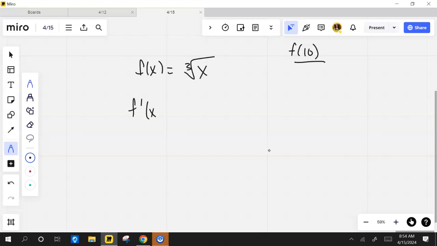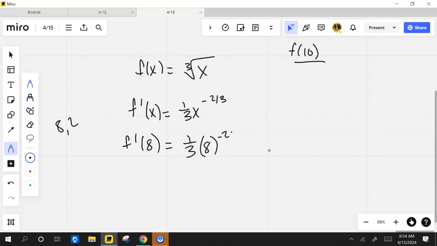The derivative here is 1/3 x to the negative 2/3. I need to find that at 8 because they gave me this point (8, 2). Nicely enough, I didn't have to solve it for y, but I do have to find the derivative so I can have my slope. 8 to the negative 2/3 is 1/4, right? Are y'all following me?